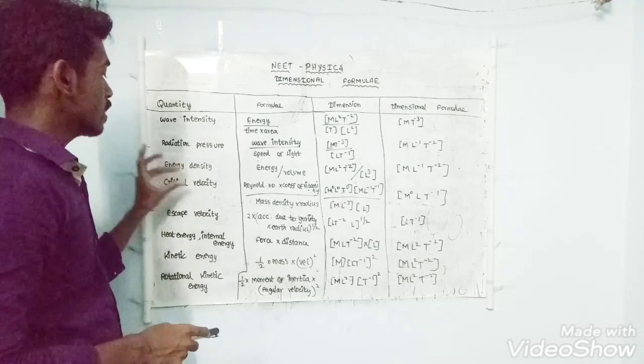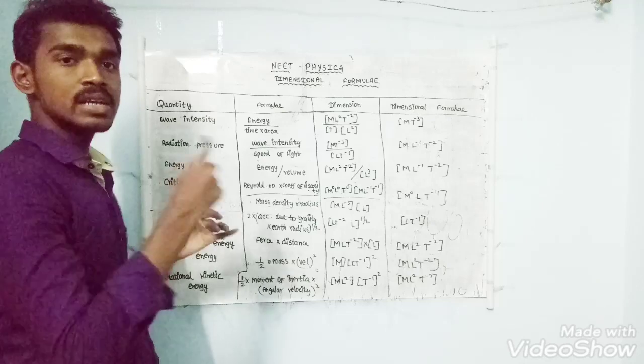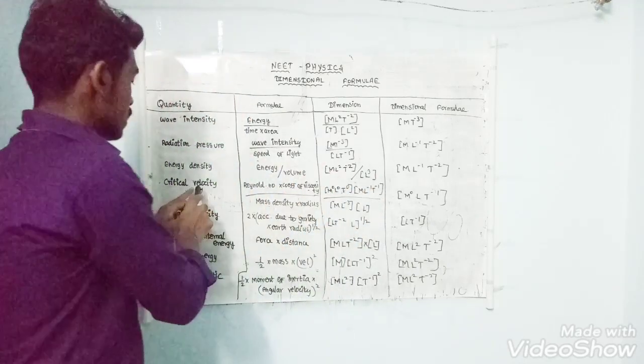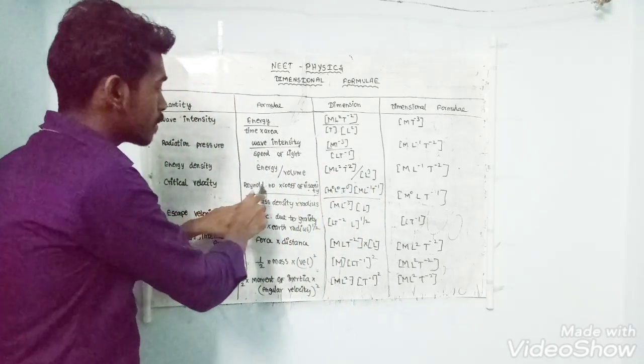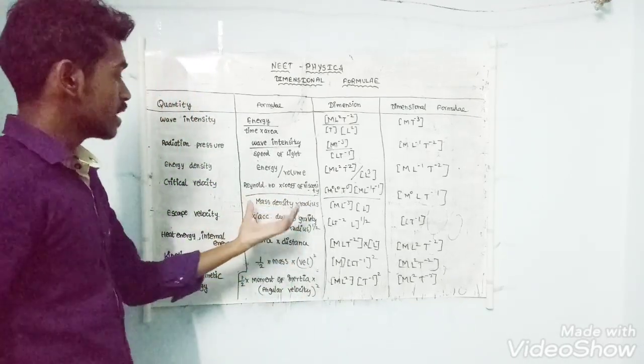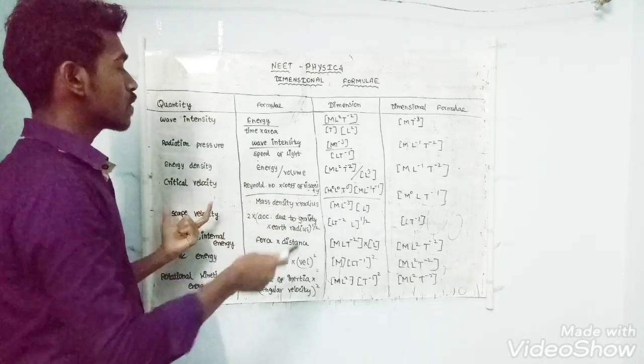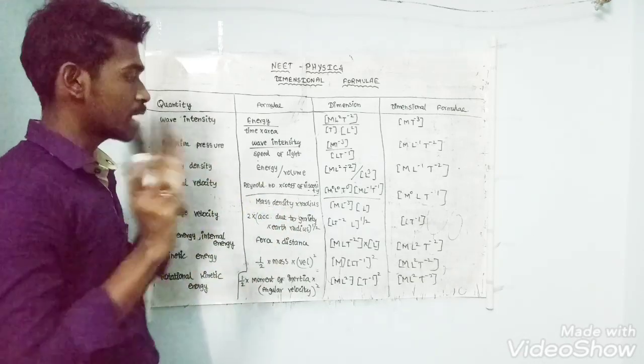The formula of velocity, I have already told, is LT⁻¹. The general formula for critical velocity is Reynolds number into coefficient of viscosity by mass density into radius. It is used only for numerical problems, but in dimensional problems we have to know only the dimensional formula.